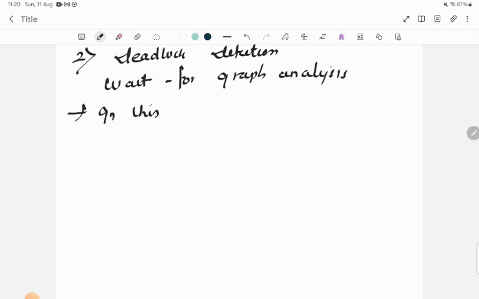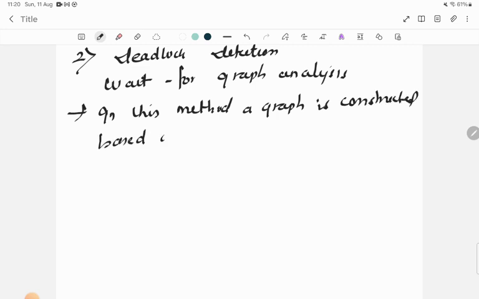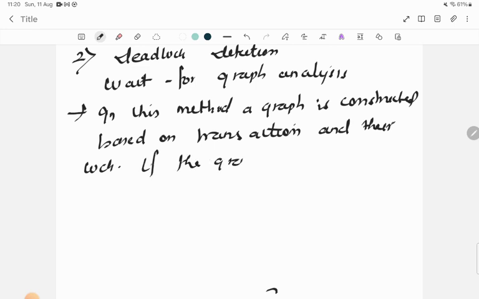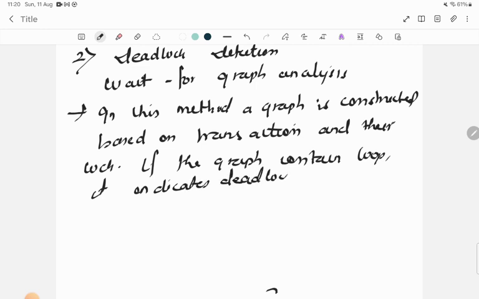In this method, a graph is constructed based on transactions and their locks. While constructing the graph, if the graph contains a loop, it indicates a deadlock. How to draw this graph, I'll discuss in the question part.